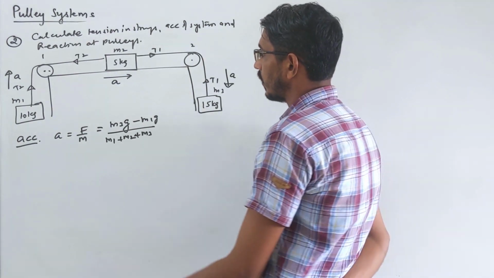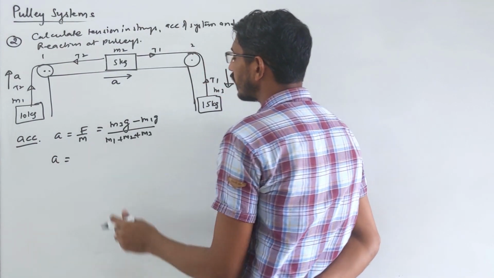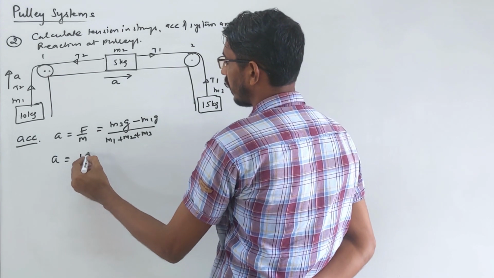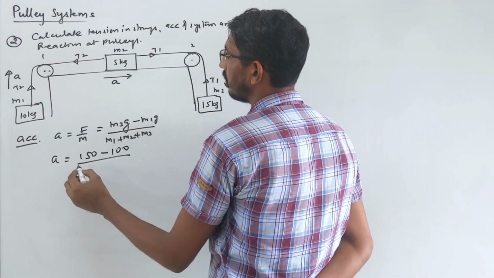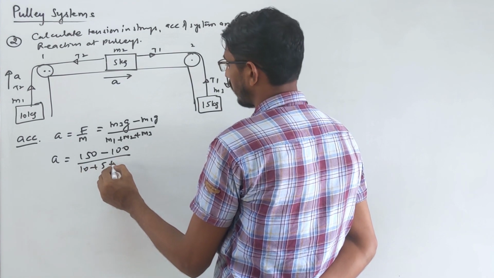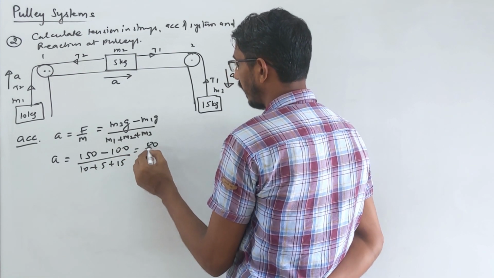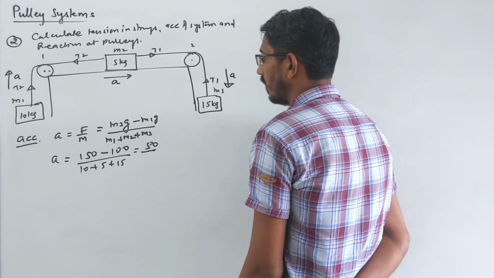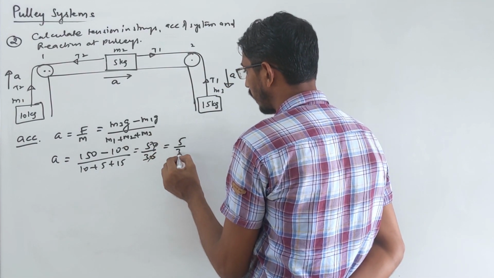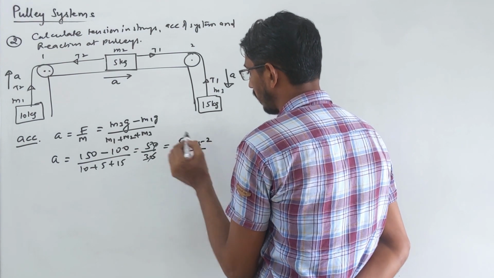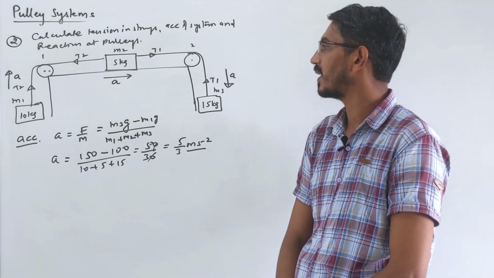So let's calculate here. A will be M3G, this becomes 150 Newton, M1G becomes 100 Newton, divided by 10 plus 5 plus 15, so it becomes 50 by 30. So acceleration of system is 5 by 3 meter per second square, right? This is the acceleration of system.